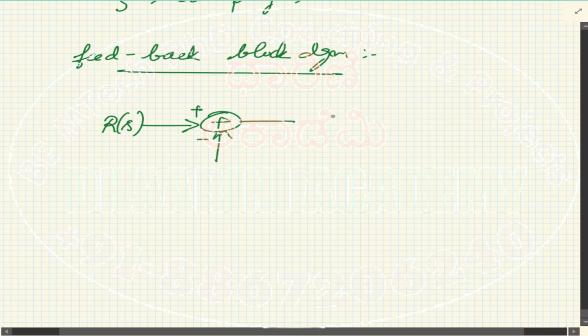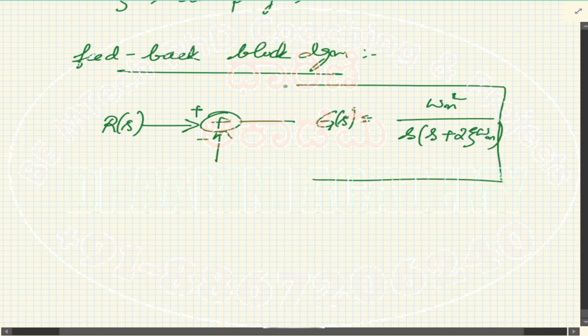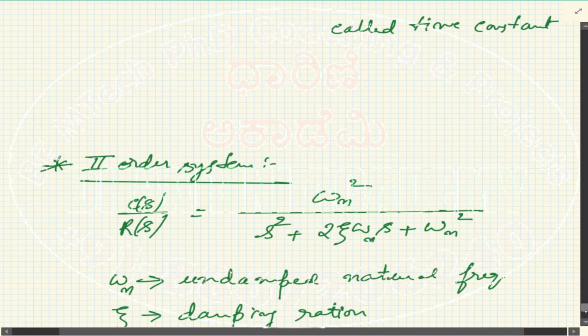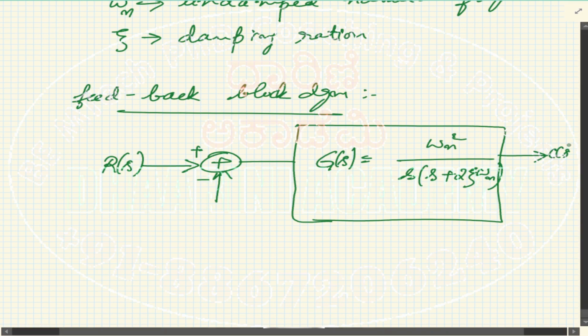Now we see the G of s is equal to omega n square divided by s into s plus 2 times zeta omega n. So this will be the forward block. This generates an output that is C of s.